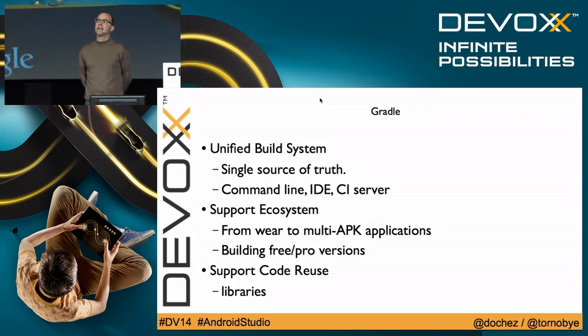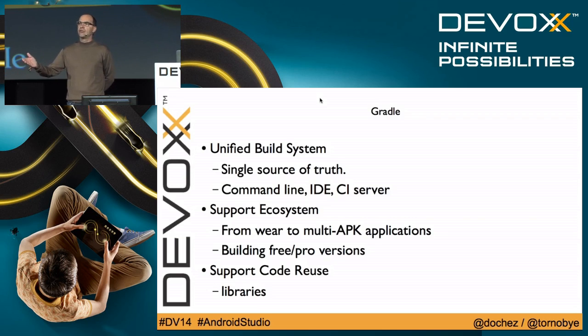That meant that not only when you use the command line and you have to describe your build file systems, your makefile equivalents, you could use Gradle, but you would want to use the same thing when you build your application, either through Android Studio, like you just showed, or through maybe Jenkins or any other continuous integration service. So really, it was important for us that you describe how you build your application once, and then you can use the same description everywhere. You don't have to do it 3 times.